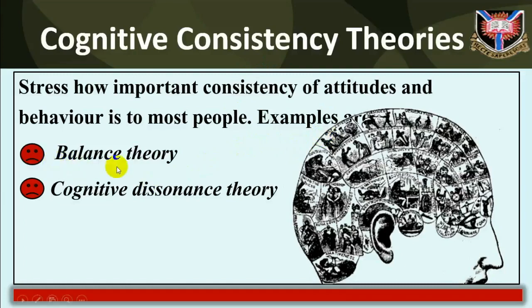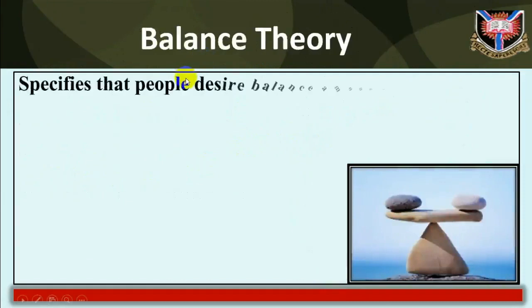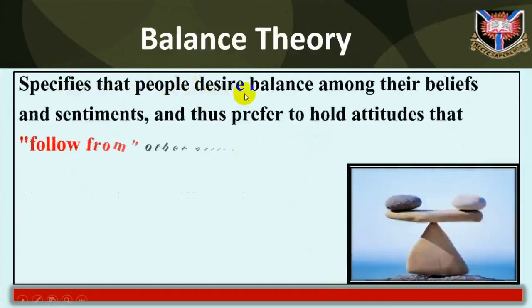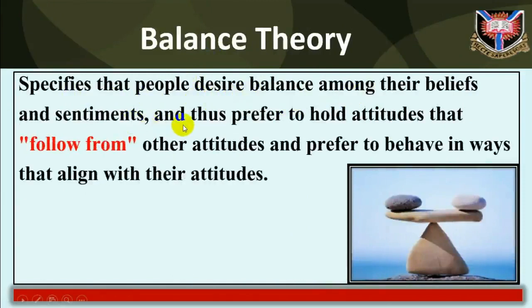Balance theory. Balance theory was the earliest consistency theory. It specifies that people desire balance among their beliefs and sentiments, and thus prefer to hold attitudes that follow from other attitudes, and prefer to behave in ways that align with their attitudes.